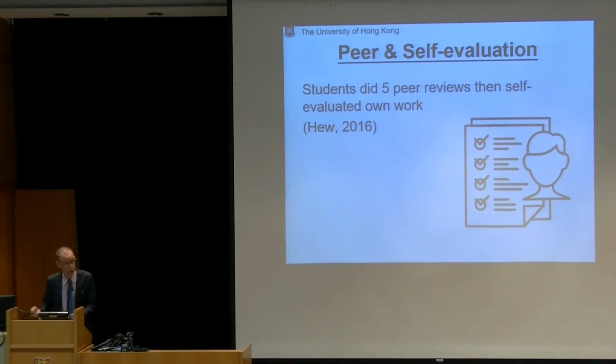And in this article by Tim Hughes, in one of the MOOCs he was analysing, the students did 5 peer reviews first before doing the self-evaluation. Can you see how powerful that is? That having done the peer review first, you're developing a sense of quality. You're developing a sense of how your work positions in relation to other members of the cohort. So that's actually a facilitating factor for doing self-evaluation. Do the peer review first, then you've got a benchmark for comparison.